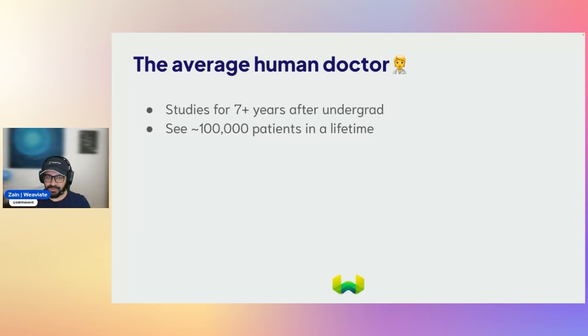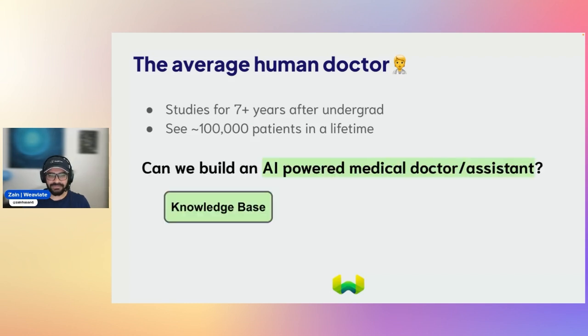Right? So if we're going to build a chatbot that emulates what a human doctor does, it's going to need to be pretty advanced. It's going to need access to a wide knowledge base, similar to the knowledge base that a real doctor has: 11 years' worth of study, 100,000 patients' worth of experience. And honestly, the knowledge base can even be larger.